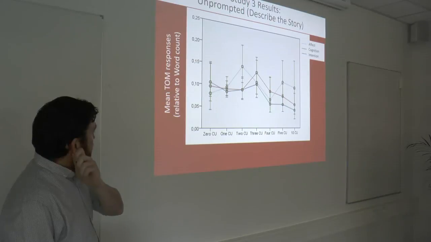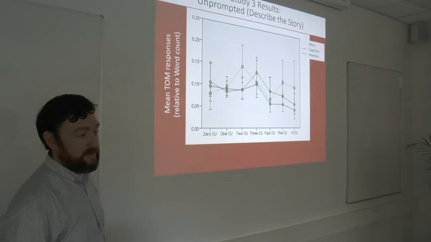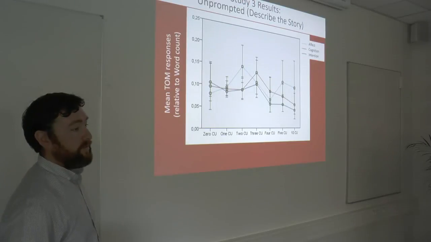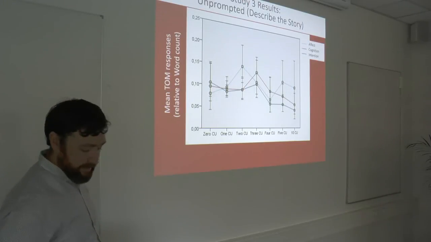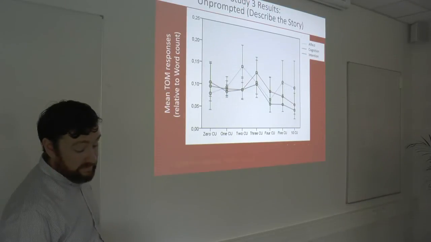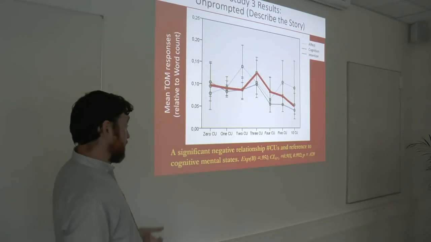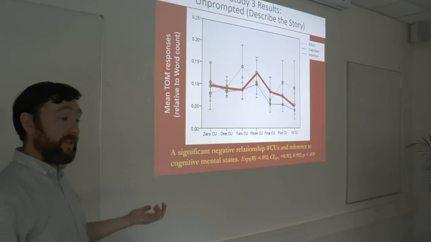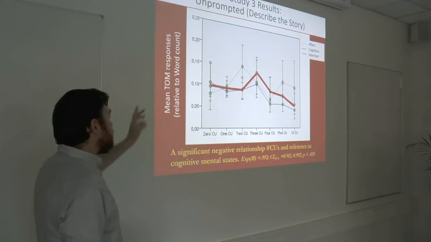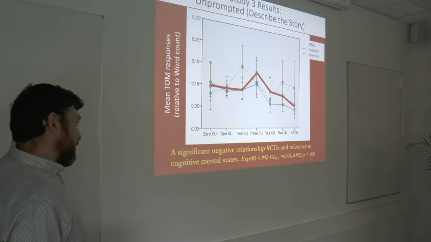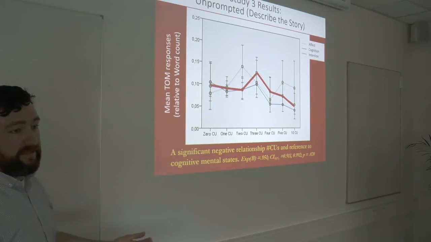And so remember, in the first study we pointed out that there was this positive relationship, that the more close-ups you see, the more you will make theory of mind references. But in this study, the statistical analysis identified a negative relationship, which intuitively, without looking at the graph, seems like the very opposite result. But in fact, when we look at the graph for the cognitive responses, we can see that it's a little bit more complex than just a linear relationship.